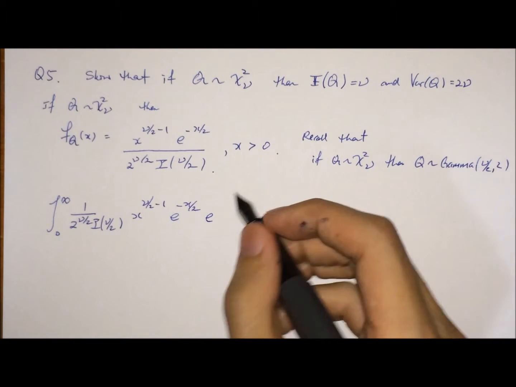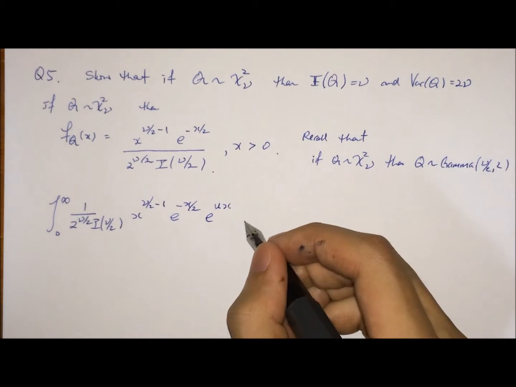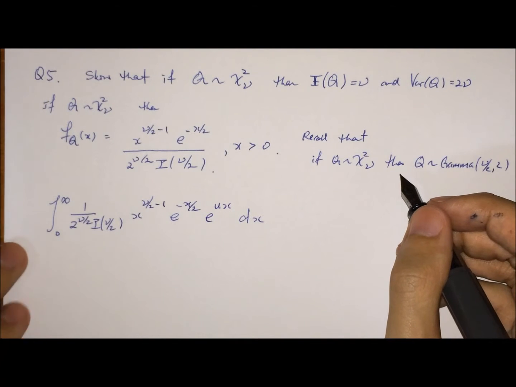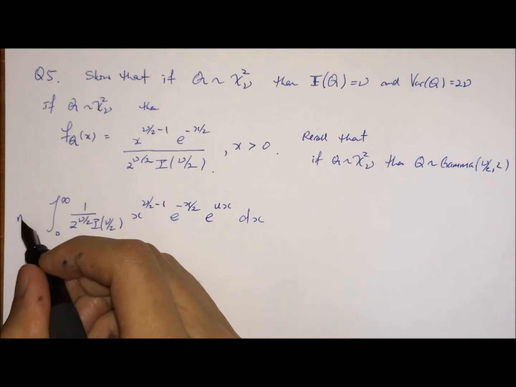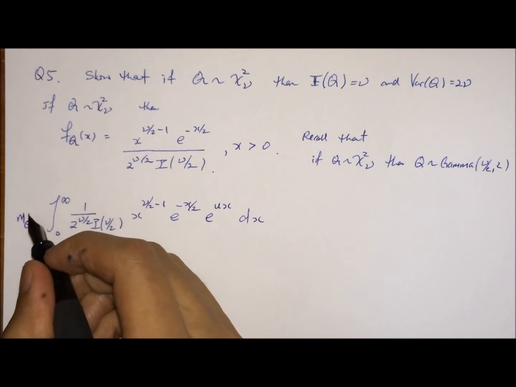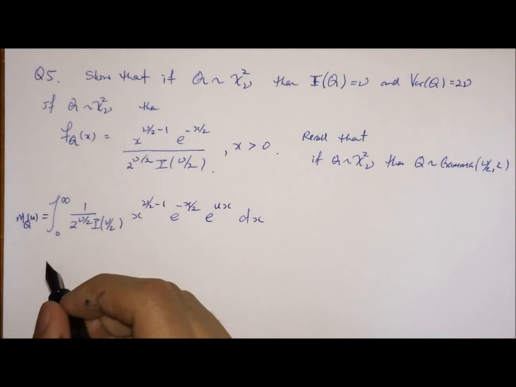But the moment generating function is e^(ux), dx. So that's the MGF of Q at u. Okay, so we just have to compute this.